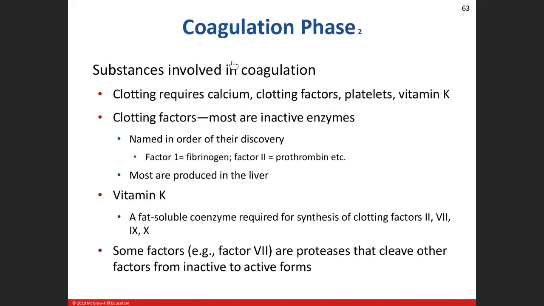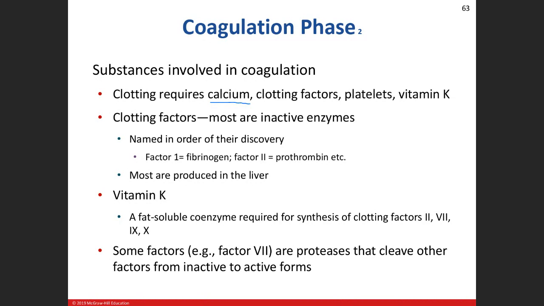So that being said, when we have our clotting going on, you need to have, I don't want to say high calcium levels, but ample calcium levels. Someone that's hypocalcemic could potentially have clotting issues. The clotting factors were all those different things that I just showed you on that other page. Factor 12, factor 1, factor 2.